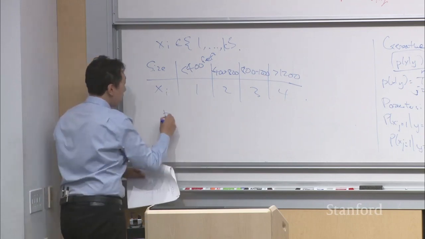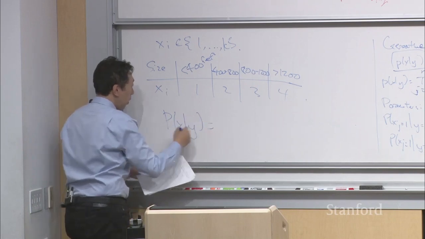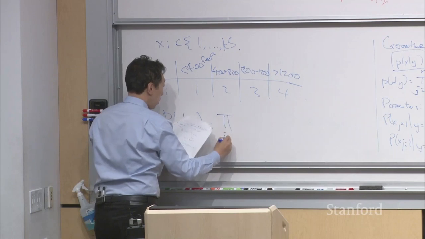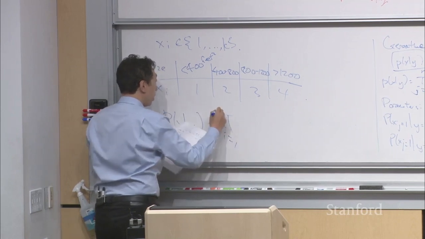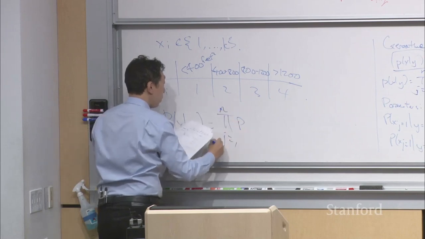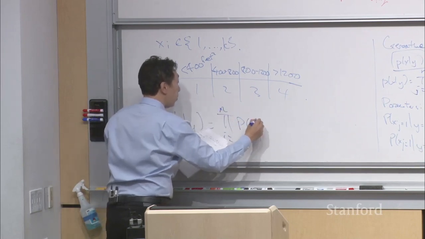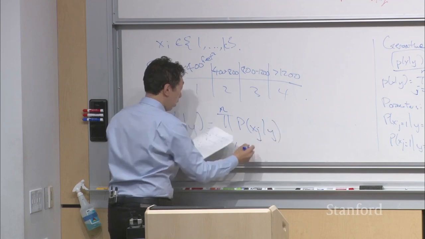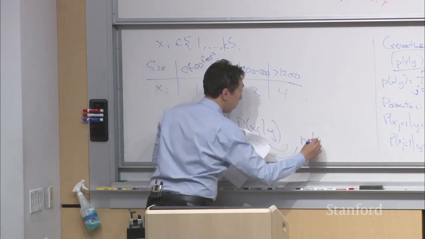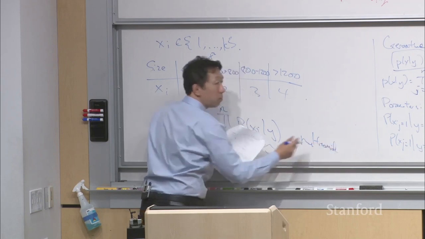And if you want to apply naive Bayes to this problem, then p of x given y is just the same as before, the product from i equals 1 through n of p of xj given y, where now this can be a multinomial probability, right?